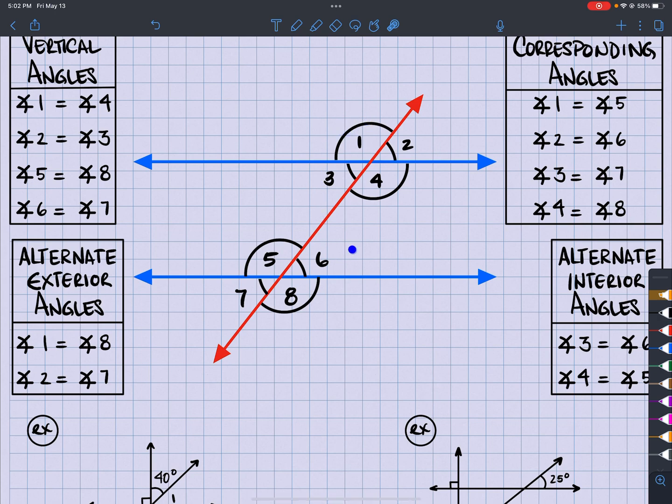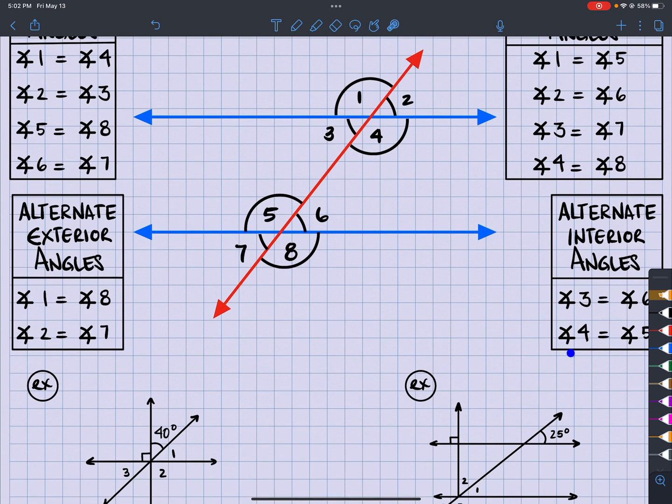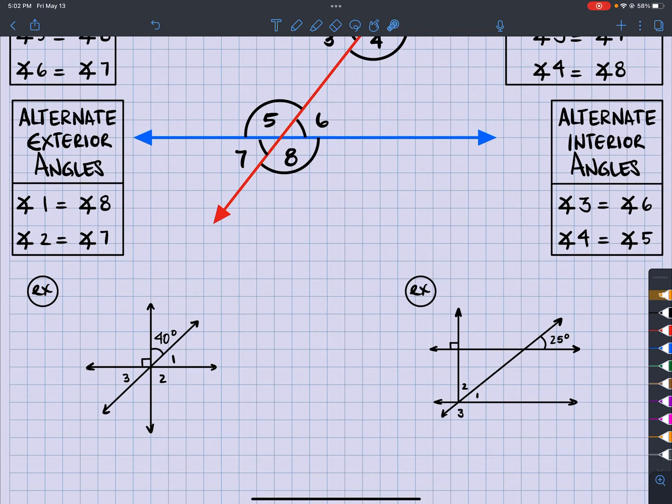I don't compare this with this, it's this one with this one. So it's alternate sides of the transversal, yet interior. So 3 and 6 are alternate interior angles, and so are 4 and 5, as you can see, that's what I wrote right here. And they are equal as well.